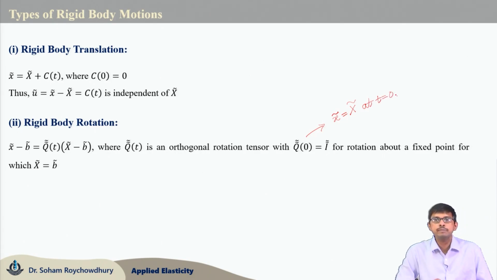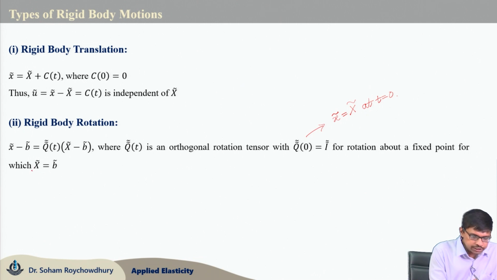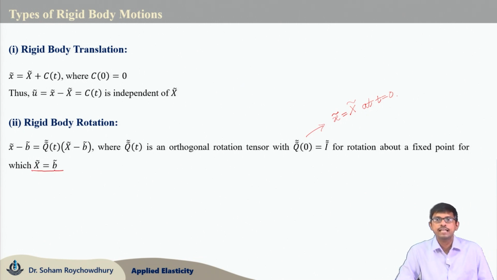So, they must be coinciding at time t equals 0, and this refers to the rotation about a fixed point whose position vector is given as capital X equals b.